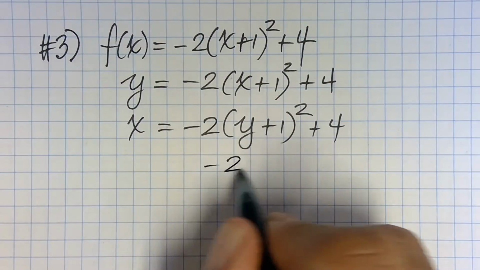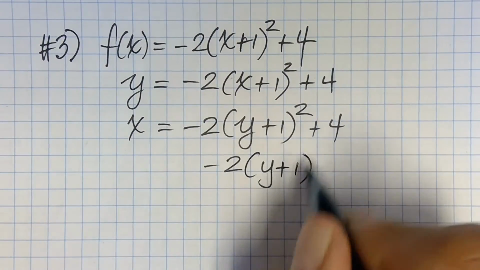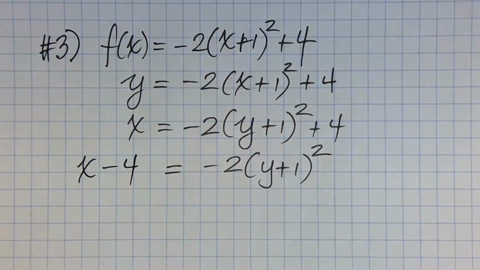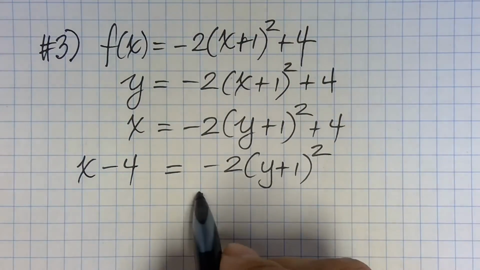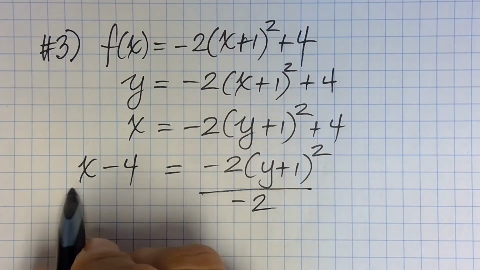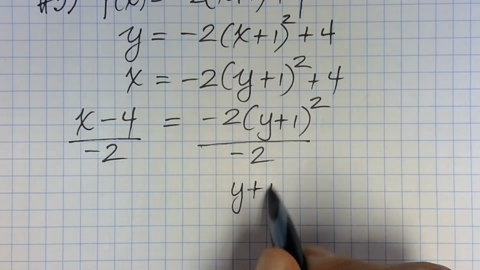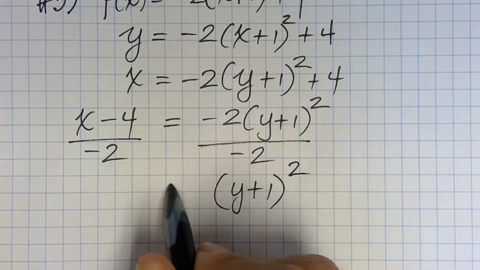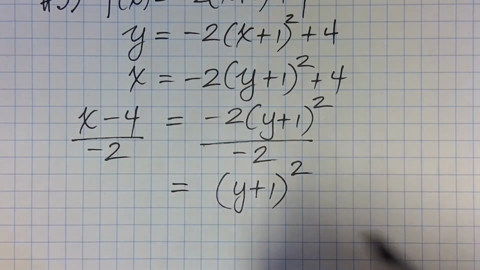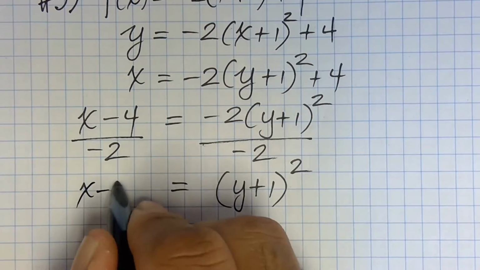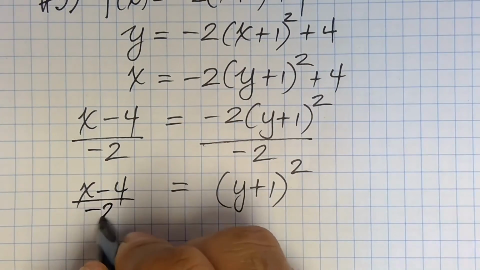So I've got negative 2 times (y plus 1) squared equals x minus 4. I'm going to divide both sides by minus 2. This will give me (y plus 1) squared is equal to x minus 4 over negative 2.